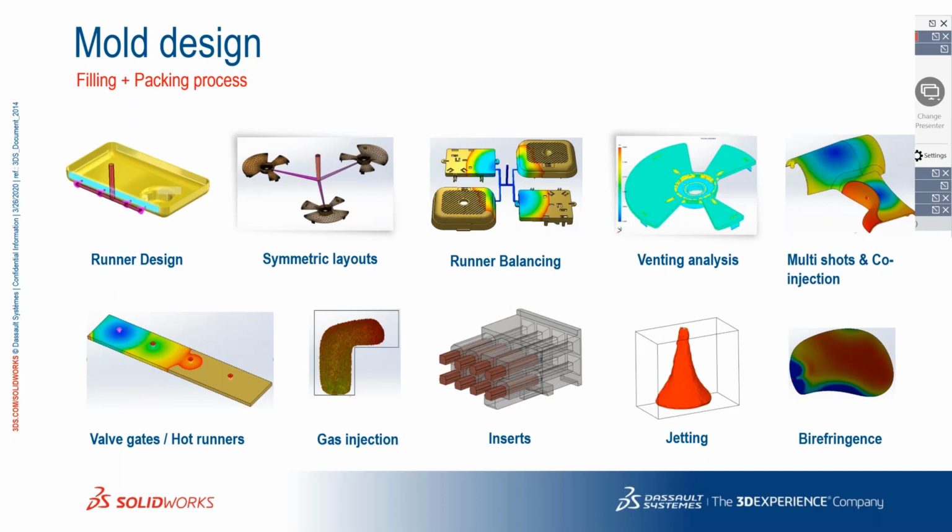So these are co-injections. Then there are valve gates and hot runners, where in some parts we have to have the valve gate to maintain the flow accordingly. As one valve gate starts filling, at a certain point of time another gate has to open to maintain the uniform filling.